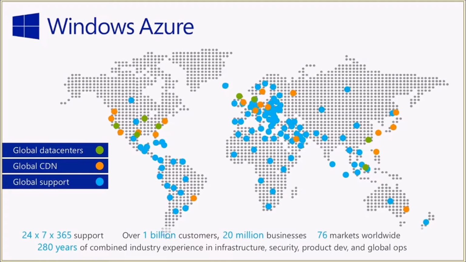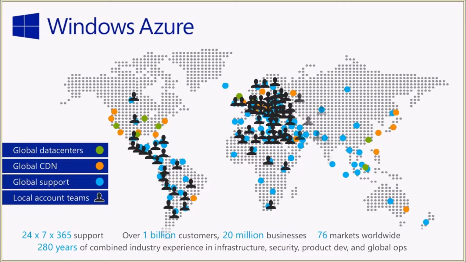We also have global support, so we follow the sun, and the support is 24/7. We currently have 20 billion businesses utilising the platform. This is also supported by the Microsoft local account teams.